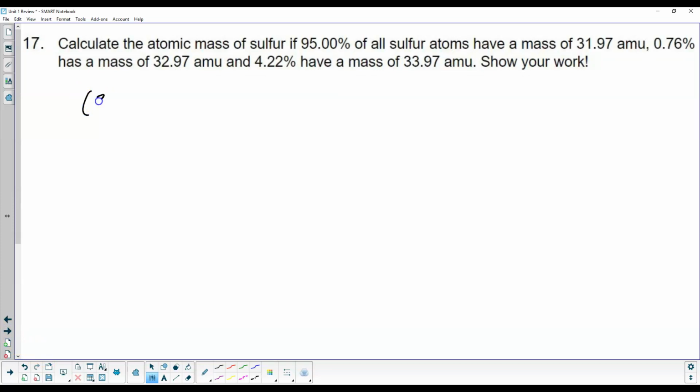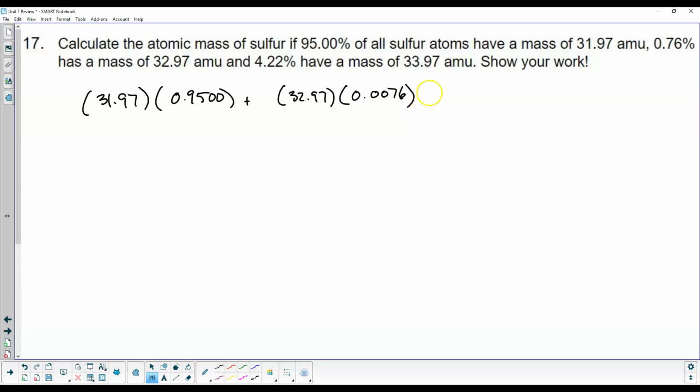Okay, so let's see. The first one is 31.97. It looks like 95% of it's that, so it's going to be 0.9500. The next one, 32.97 and 0.76, so you have to move the decimal 2 places still. So it becomes 0.0076. If you just do 0.76, that means 76%.